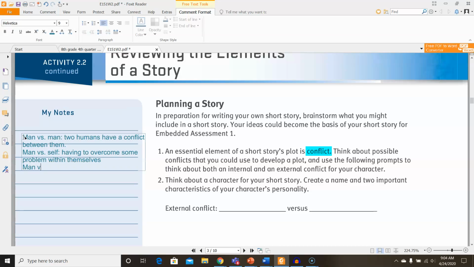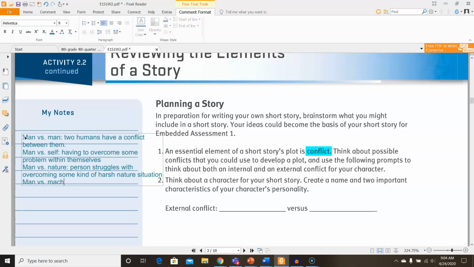Then there's man versus nature, which is when a person has to struggle with usually some kind of natural disaster or some kind of harsh climate. So a person struggles with overcoming some kind of harsh nature situation.